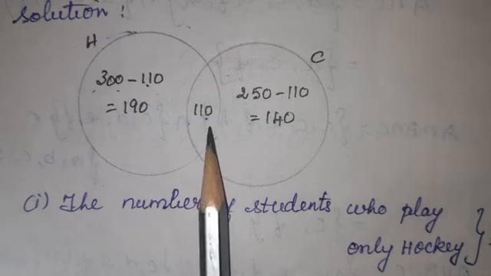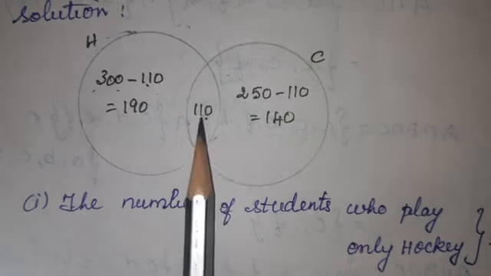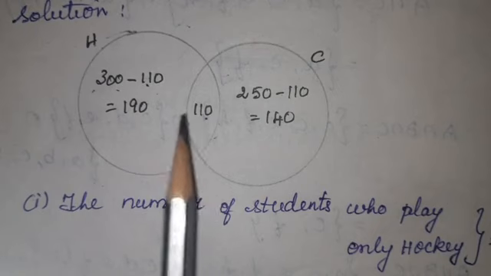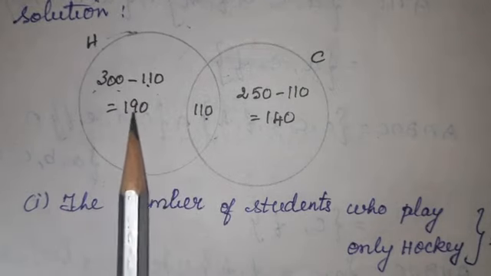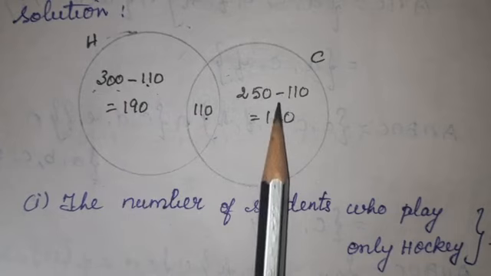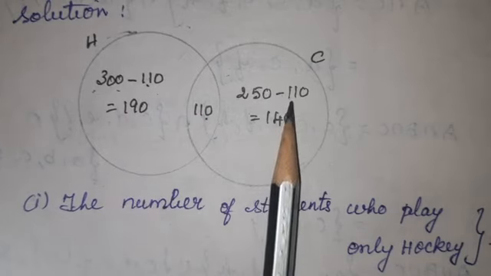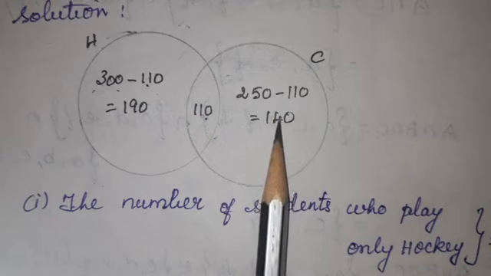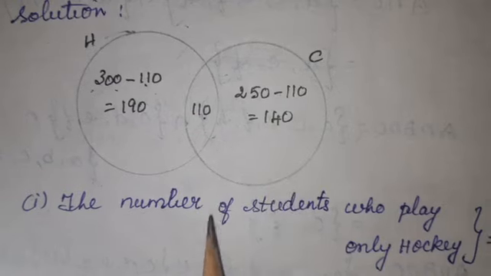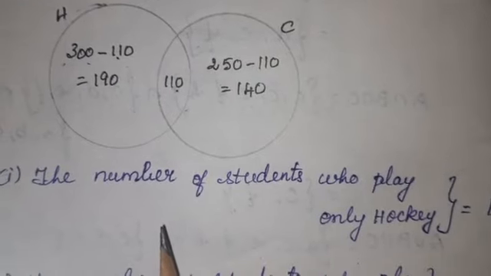After that, the common part, both, is 110 as given, so you should subtract it here. 300 minus 110, you will get 190. Next you should subtract in the cricket also. Here 110 you should subtract, you will get 140. After that I am going to find the answers.